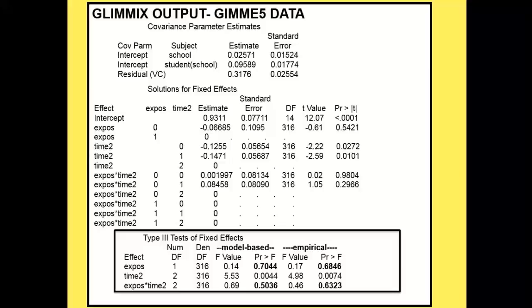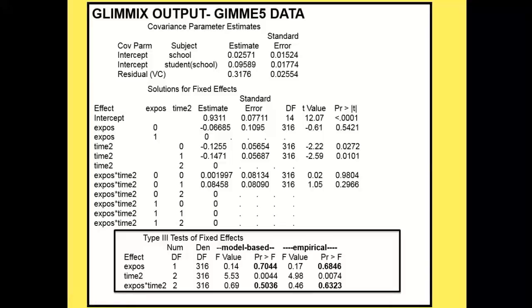But you'd come up with the best model. The goal of the thing is, suppose you drop the interaction, and suppose that when you drop the interaction, what you get for expos and time too didn't really meaningfully change. Let's say it didn't meaningfully change.